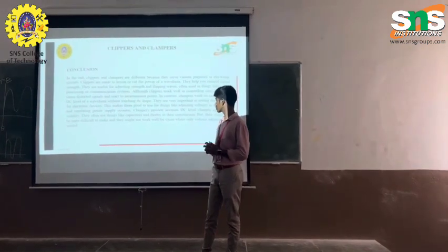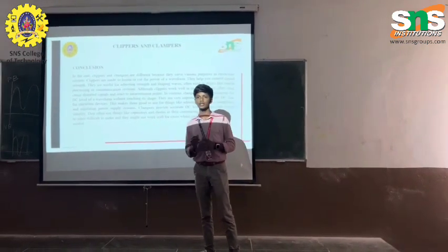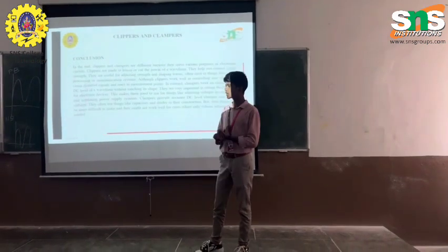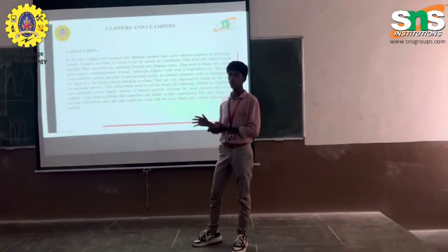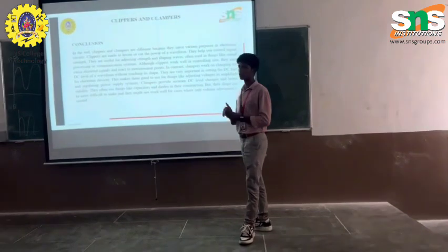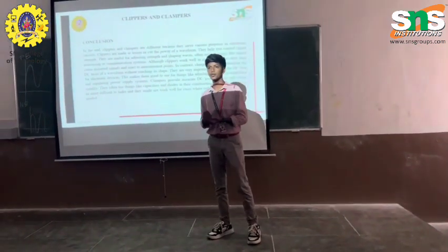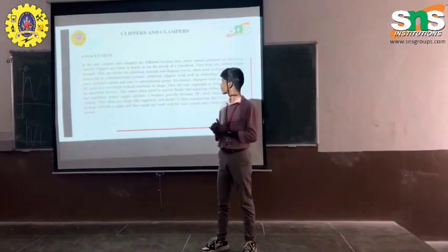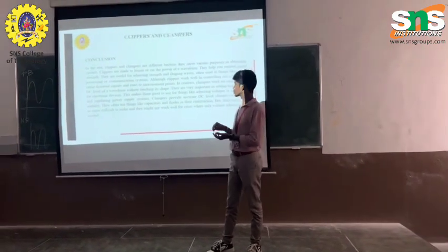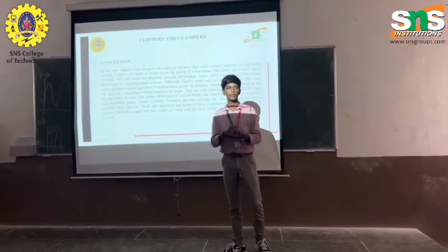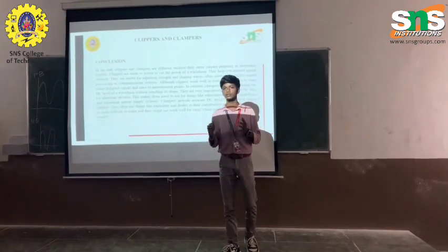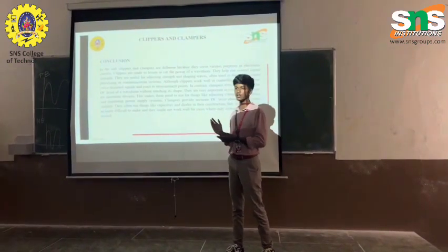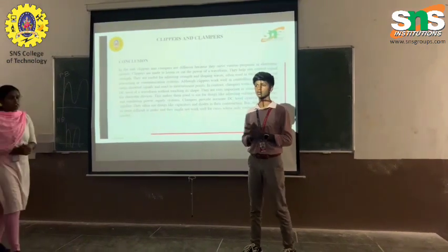It is constructed with capacitors and diodes. The shape is difficult to make, and it is specially recommended for level adjusting of the waveform. So the clamper is for that, and the clipper is used for clipping the peak of the waveform into a small portion. That's the conclusion of this.